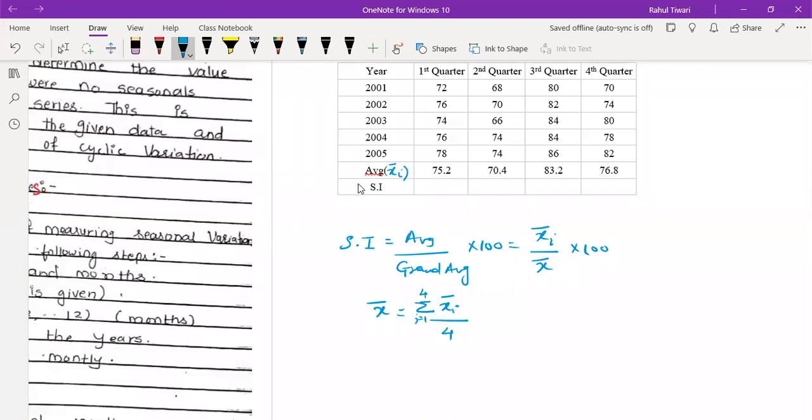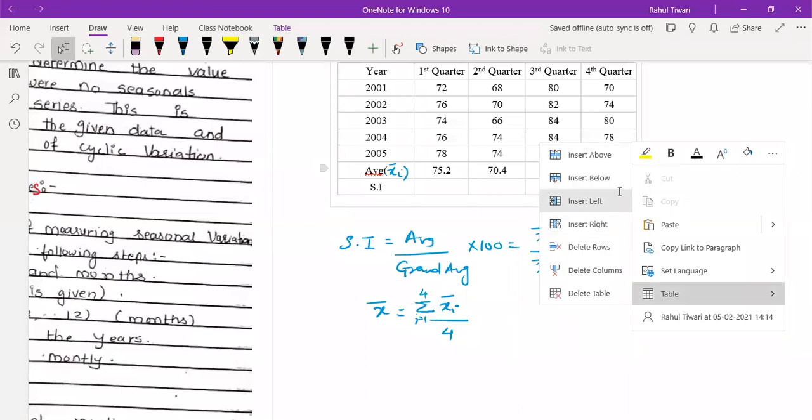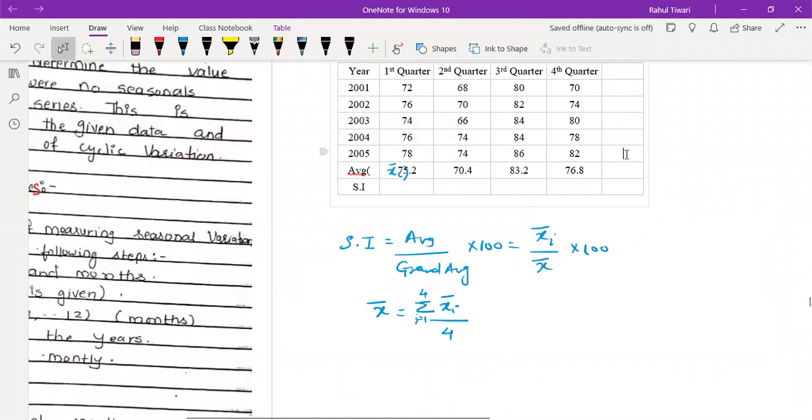When you add these quantities, this plus this plus this plus this, you get x bar. Let's see whether you can get that x bar. How much is it?